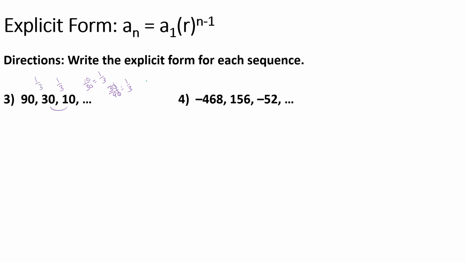And so your common ratio is 1/3. Your first term, a sub 1, is equal to 90. And so we end up with the explicit form formula for a geometric sequence that is a sub n is equal to 90 times 1/3 raised to the n minus 1 power.